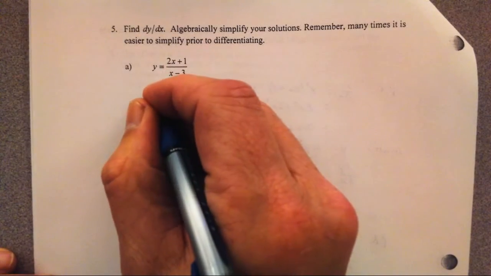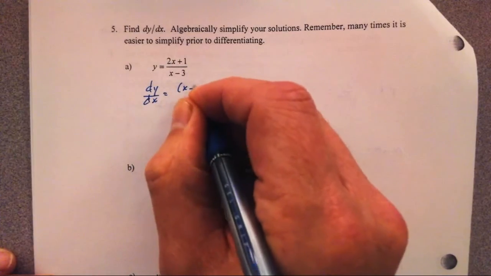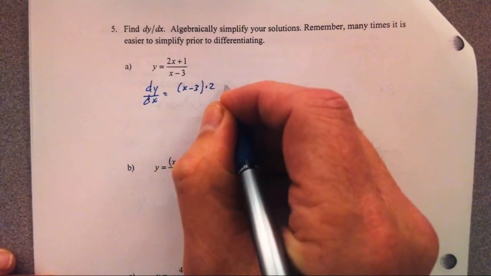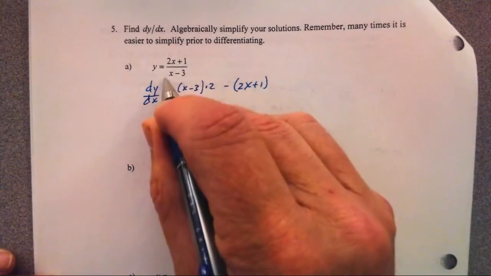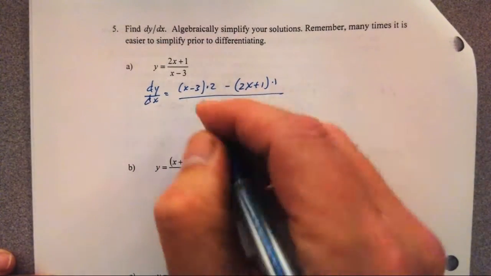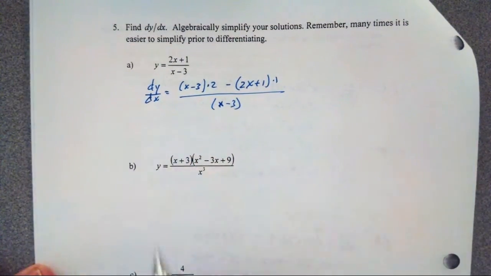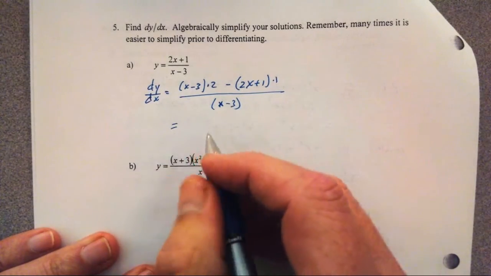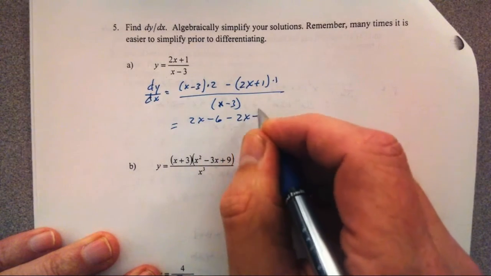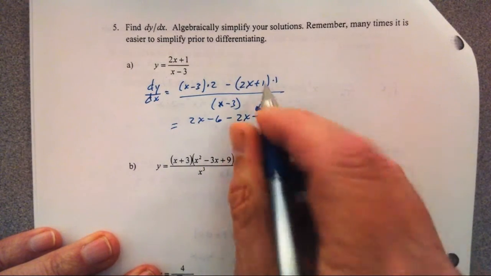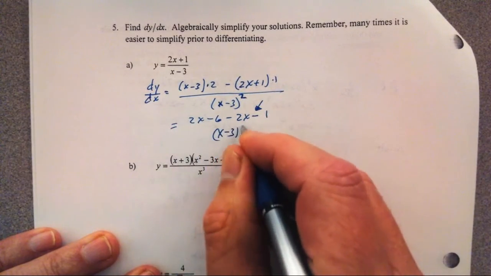So I think this is straight quotient rule. dy/dx is low d high minus high d low over the square of the thing below. Definitely some easy simplification going on here. I get 2x minus 6 minus 2x minus, that's the heartbreaker right there, minus 1, all over the square of the thing below, x minus 3 squared.